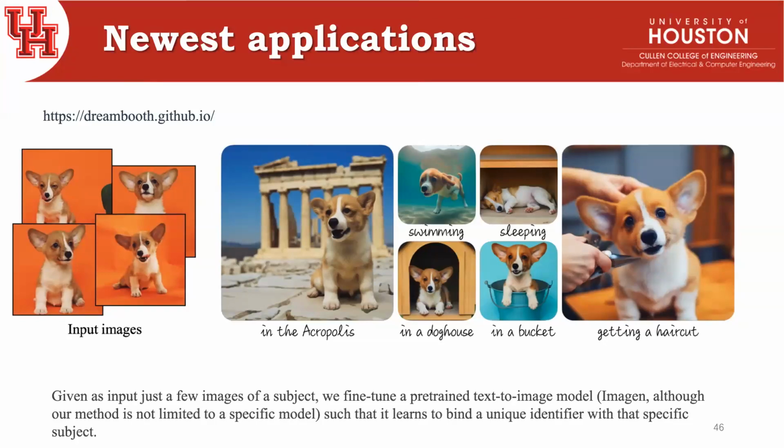But actually, I tried to use my pictures with this, but it cannot work because I think maybe the human face is very difficult to identify. But the dogs, like these dogs, actually they have been trained a lot of times during the pre-trained model, so they can identify this. But when I put my face on the DreamBooth, it cannot work.